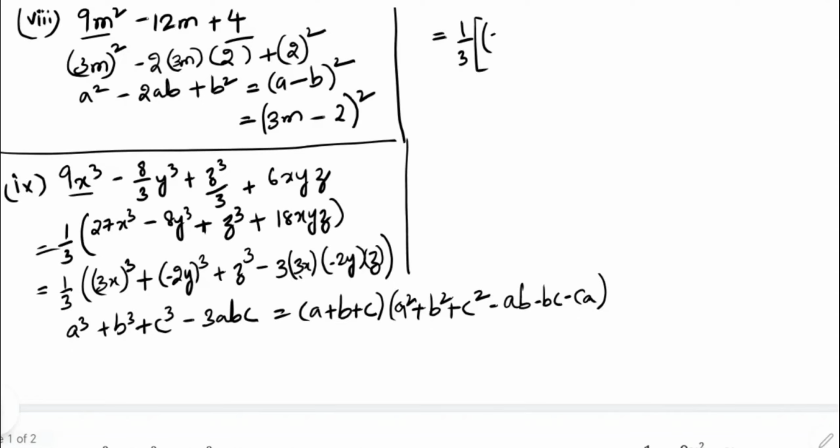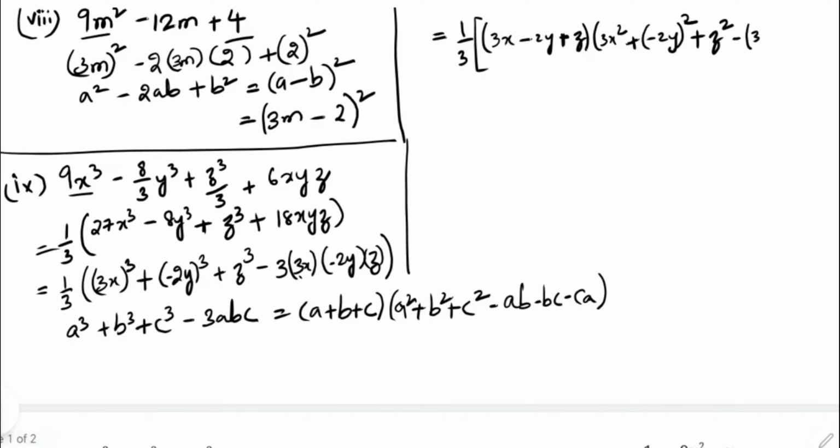What is a? 3x, b is minus 2y, plus z, into a square is 3x square plus minus 2y whole square plus z square minus ab.